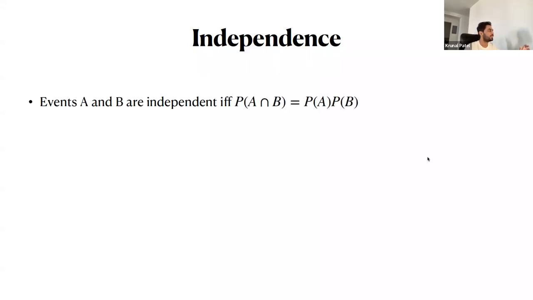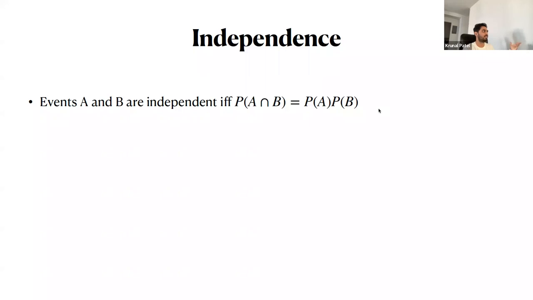Independence. We'll say that two events, A and B, are independent if and only if the probability of the intersection of those two events is exactly the same as the multiplication of their individual probabilities, right? So that's when we will call those two events independent. Now what will happen to the Bayes rule if we use the independence part, right? If two events are independent, then what will be the probability of A given B?